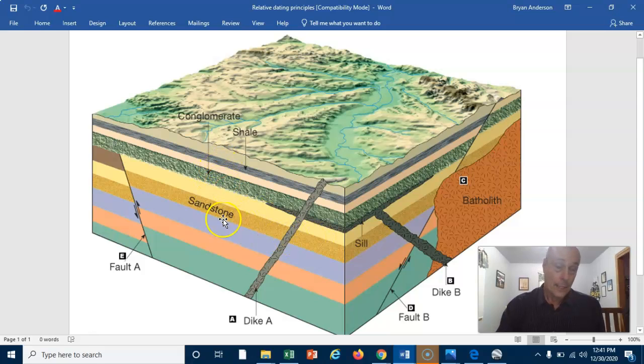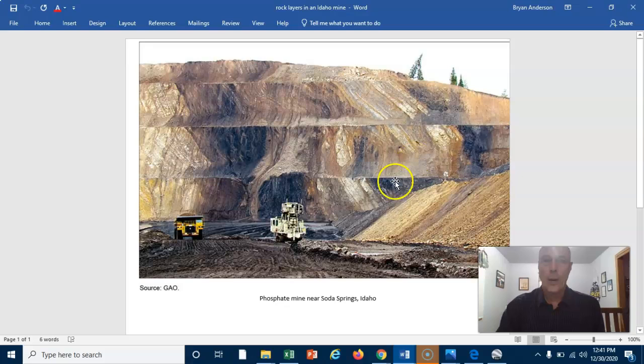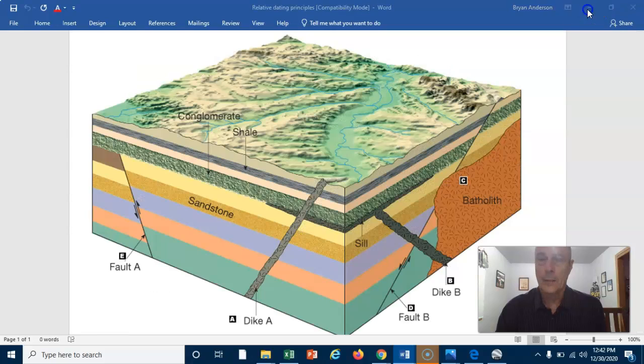And again, that's very common sense, unless you consider the rare occurrences where you actually do have rock layers that are turned over. Now this one down here would be younger than this one up here, because the layers were originally flat, horizontal, and got tipped up and over and inverted. But this is a rare situation, not common.